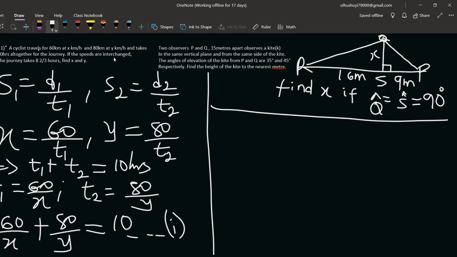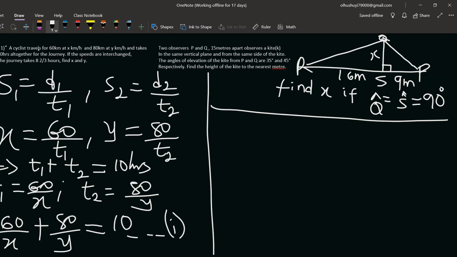Now it says again, the second statement: if the speeds are interchanged, the journey takes 8 2/3 hours. So it will not take up to 10 hours again if the speeds are interchanged. Here we need to just interchange the speeds. Instead of x equal to 60 over t1, it will be y that will be equal to 60 over t1. And instead of y being equal to 80 over t2, it will be x that will be equal to 80 over t2.